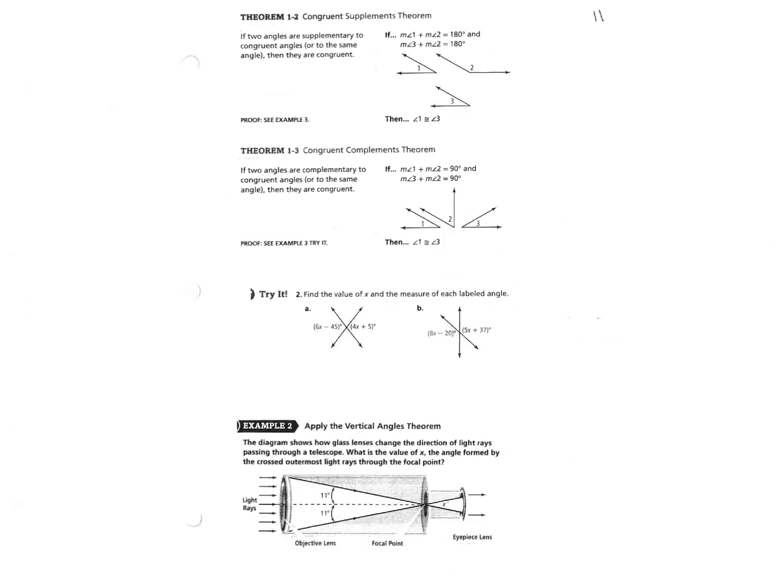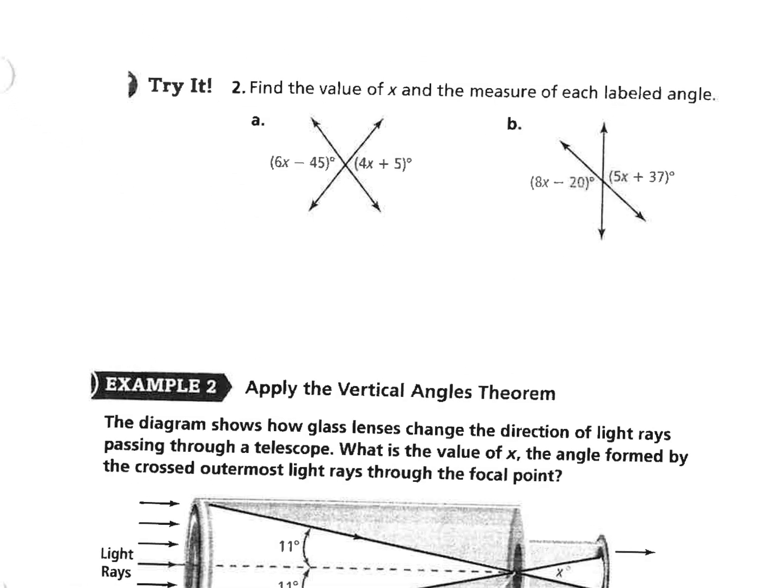Okay, so let's look at a couple of examples with vertical angles just to see relationships. Here we have these vertical angles. They're back to back, share the same vertex, the V's, all that. So what's true about them? Those two are equal. So all we do is set those equal and solve.